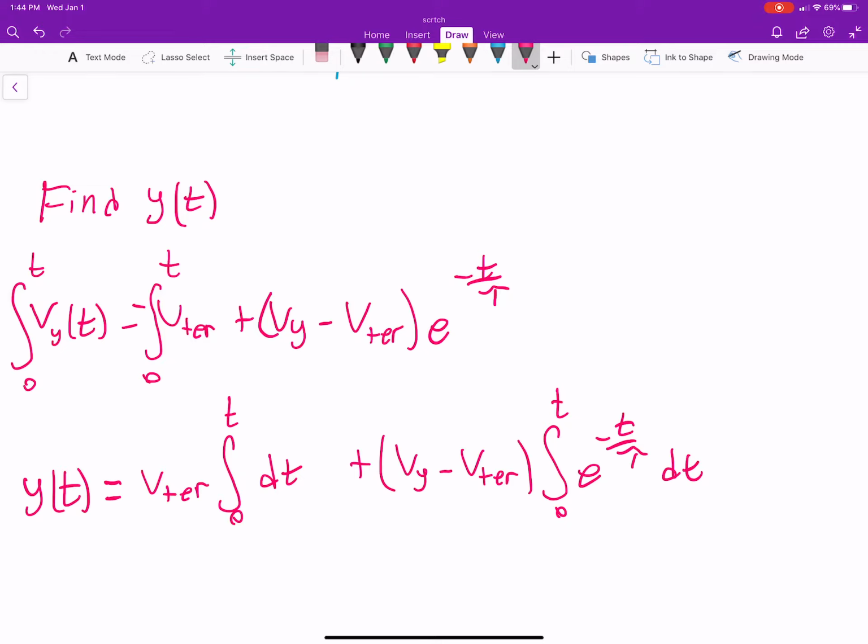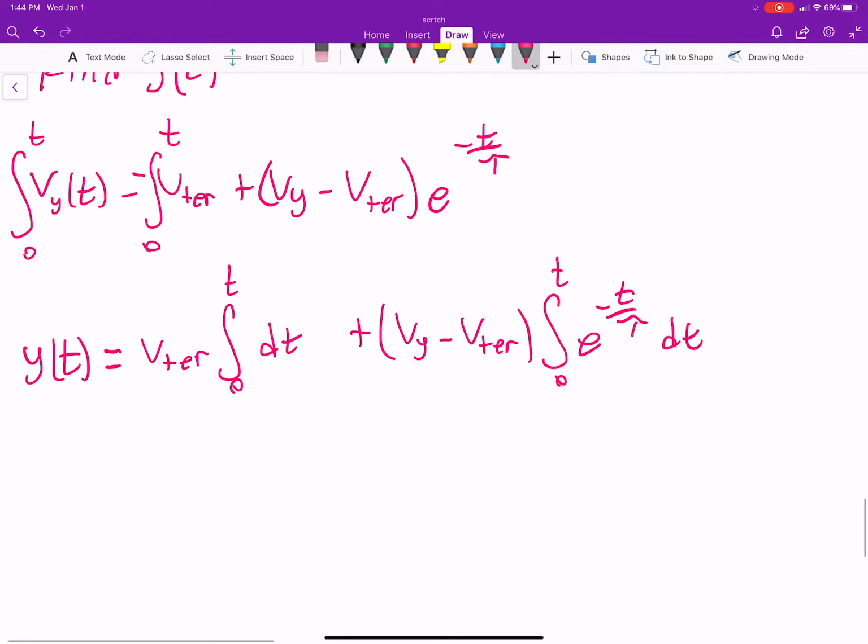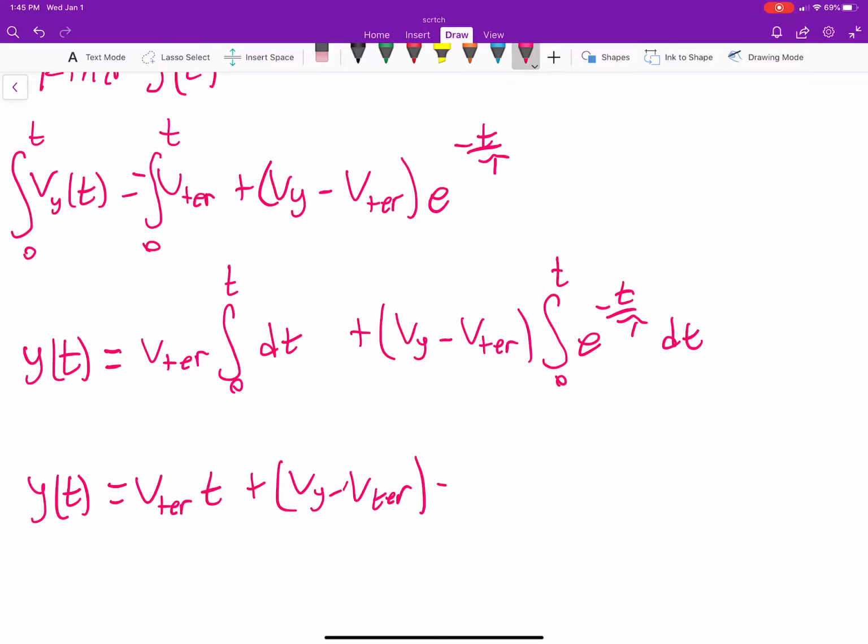So I just split this up into two separate integrals and factored out my constants. Y of t is just V terminal t plus Vy minus V terminal times minus tau e to the minus t over tau evaluated from 0 to t.